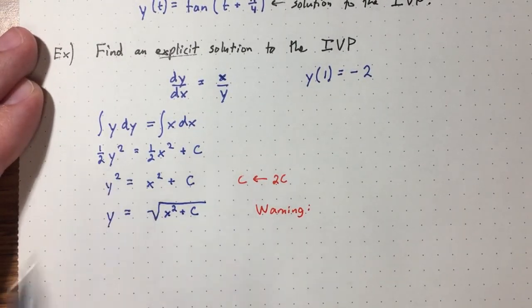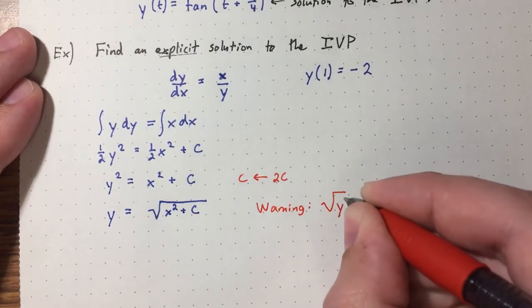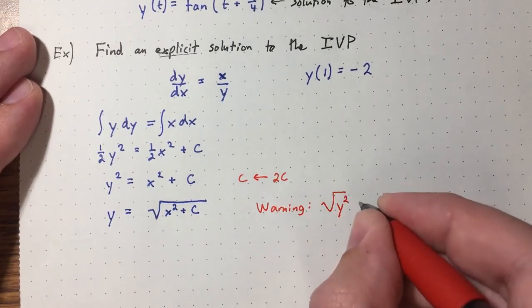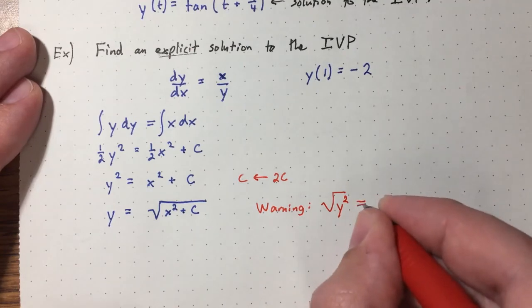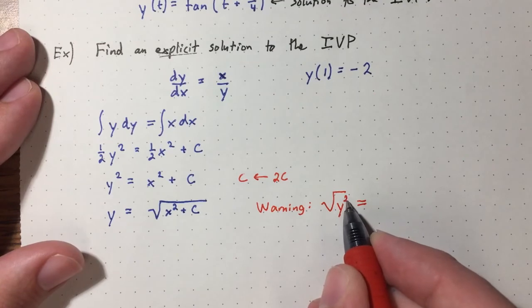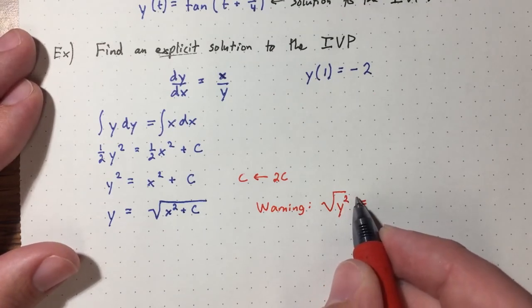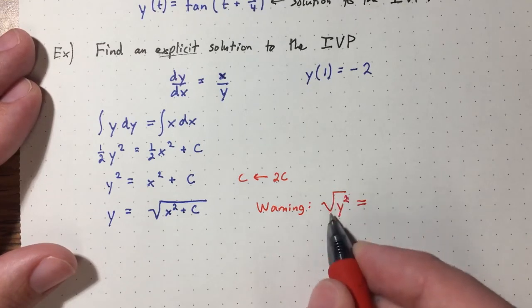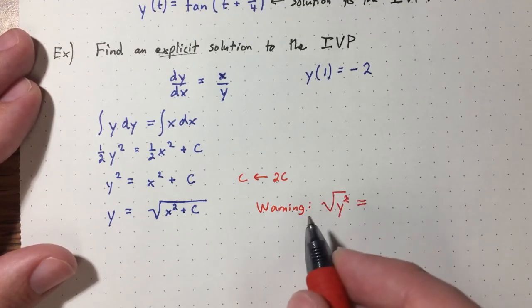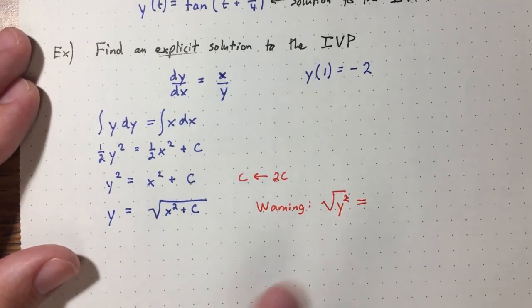When we took the square root of this left-hand side, the square root of y squared is actually not equal to y. That's because when we square a number, it's always going to be positive or non-negative, right? And when we take a square root, this symbol means you take the positive square root. And so we're always going to get a positive number.